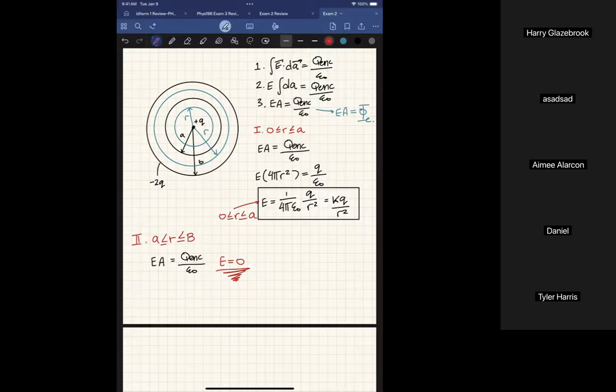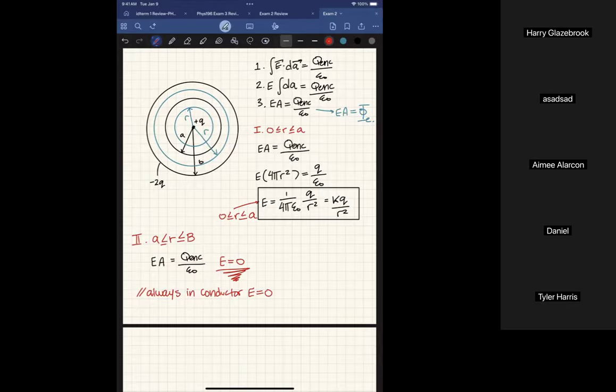That's the exception, and that's why I keep talking about it. So always when you're in a conductor, the electric field is 0. That's kind of separate from Gauss's law. It's something you just have to know. Put it on your equation sheet so that whenever you're in a region inside the conductor, you know it's 0. Cool. It should be automatic.